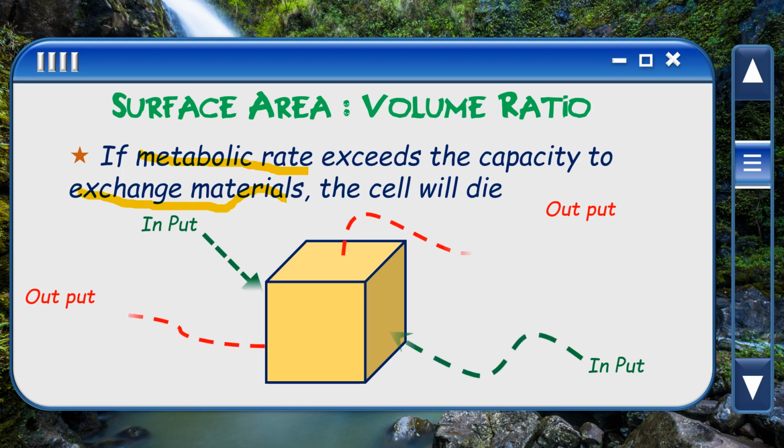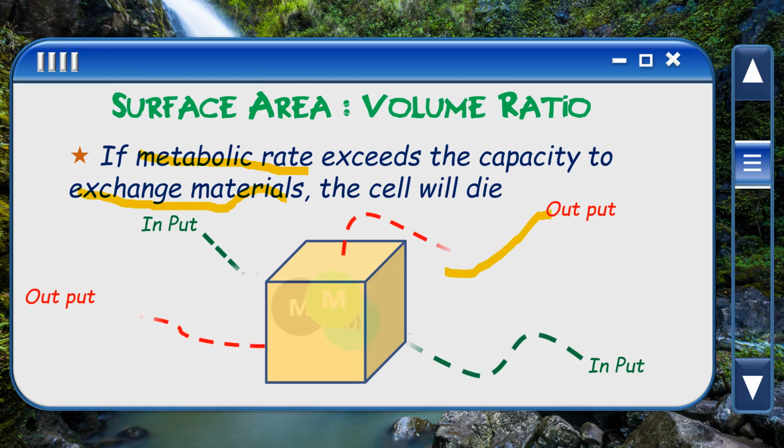First of all, we have inputs, like nutrients going inside. And when they go inside, metabolism is going to take place. And when metabolism is taking place, we are going to produce energy. And if this energy is produced, it has to come out of the cell.